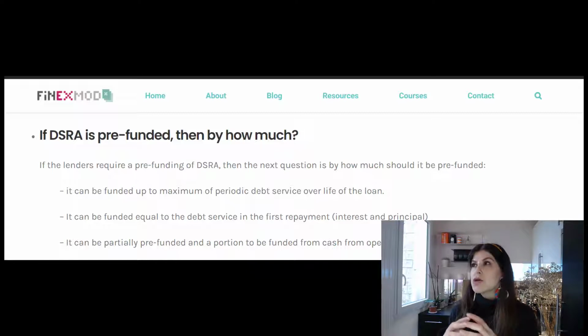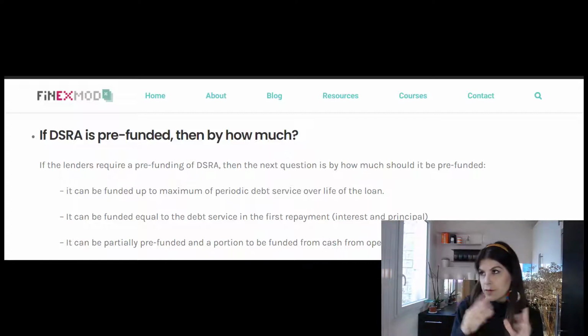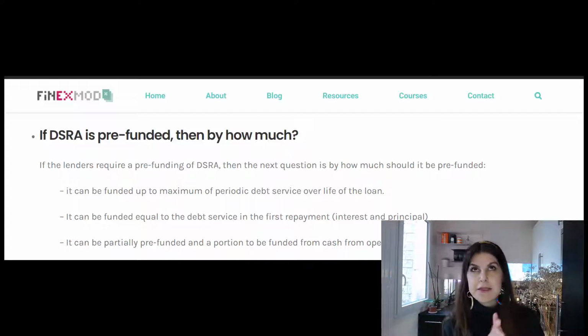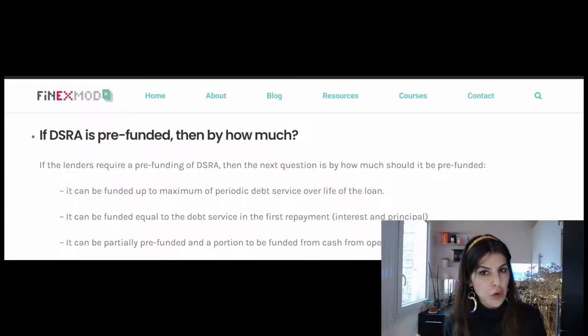Another option is that the lenders might allow you to partially fund the debt service reserve account. So for example, let's say that you finish your construction and 6 months after you need to repay the debt, and the debt service required in the first repayment period is, let's say, 5 million euros.